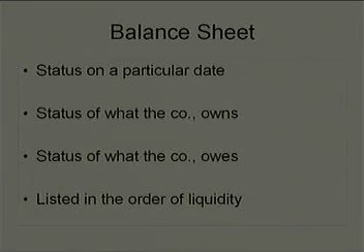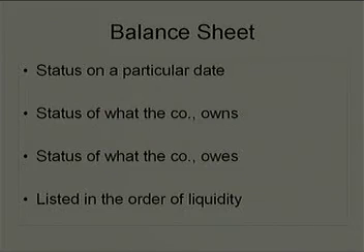It will give you the status of what the company owns, that means information on the different assets that the company has as of that date. Remember, that particular date is very, very important, because companies have transactions on a continuous basis. So that's why a particular date is frozen. On that date, the status of your assets and the status of your liabilities are what is important.